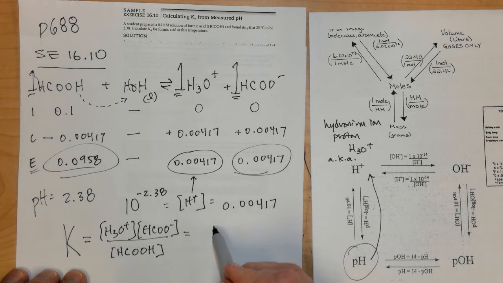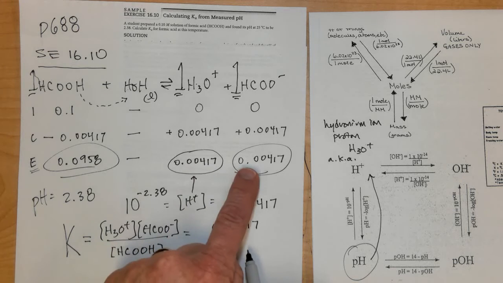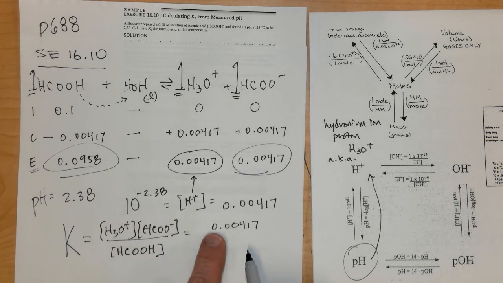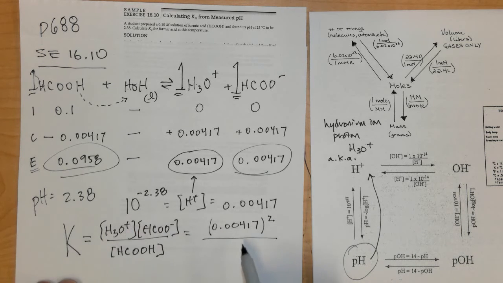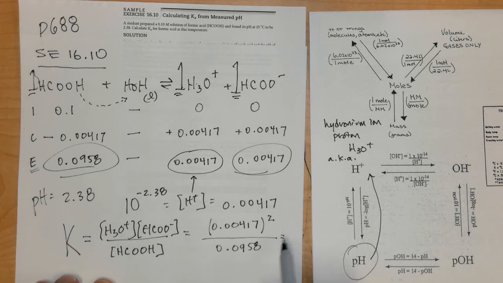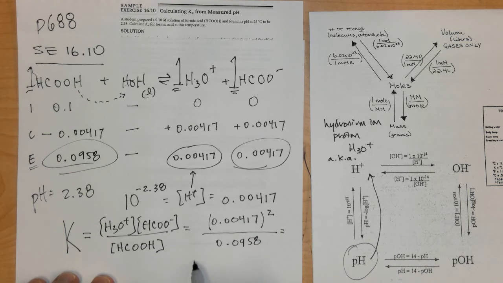H3O+ is this number. And as a savvy math student, I recognize that both those numbers are the same, so I could write this as this number squared, those 2 multiplied together, and then I would put in 0.0958 here on the bottom, square that, divide it by that, I end up with approximately 1.8 times 10 to the negative 4th.